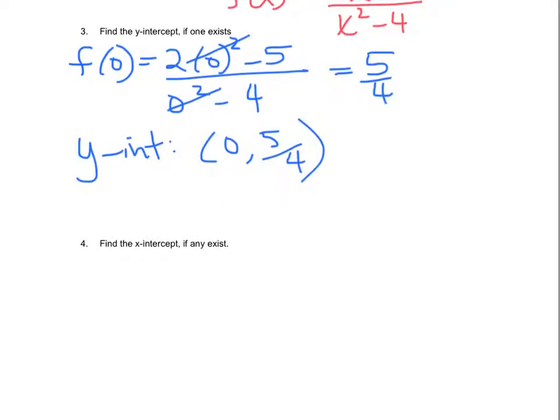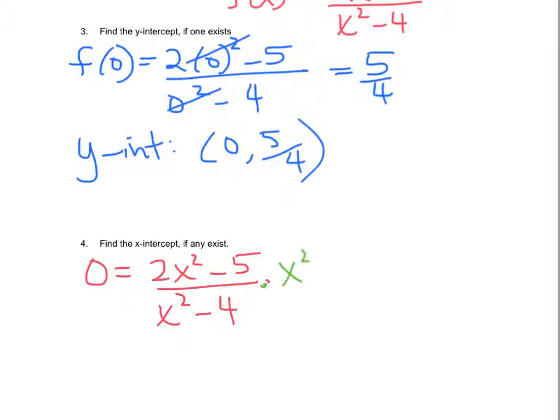And my next one, I'm going to find my x-intercept. So here I am plugging in a 0 for f of x. So it looks like this. Whenever 0 equals that fraction, the denominator goes away. The reason it goes away is that if I'm trying to get x squared alone to see what x has to be, I'm going to multiply both sides by this.